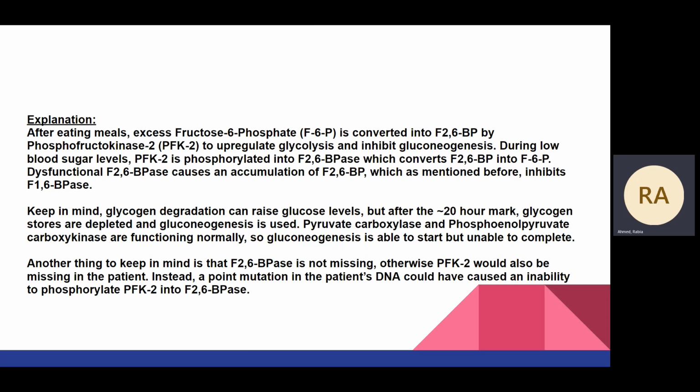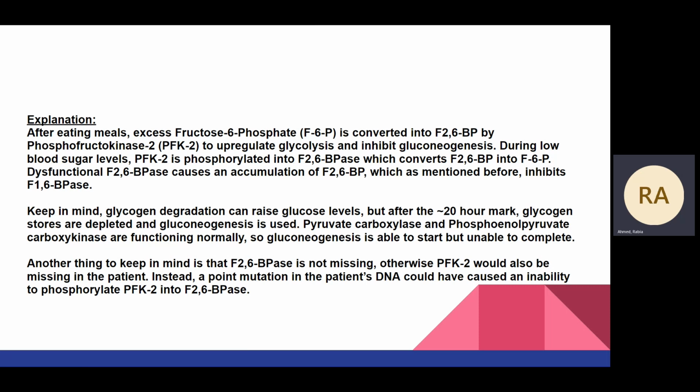So the explanation, this one's a little detailed, but I'll go ahead and read it. After eating meals, excess fructose 6-phosphate is converted into F2,6-bisphosphate by phosphofructokinase 2 to upregulate glycolysis and inhibit gluconeogenesis.